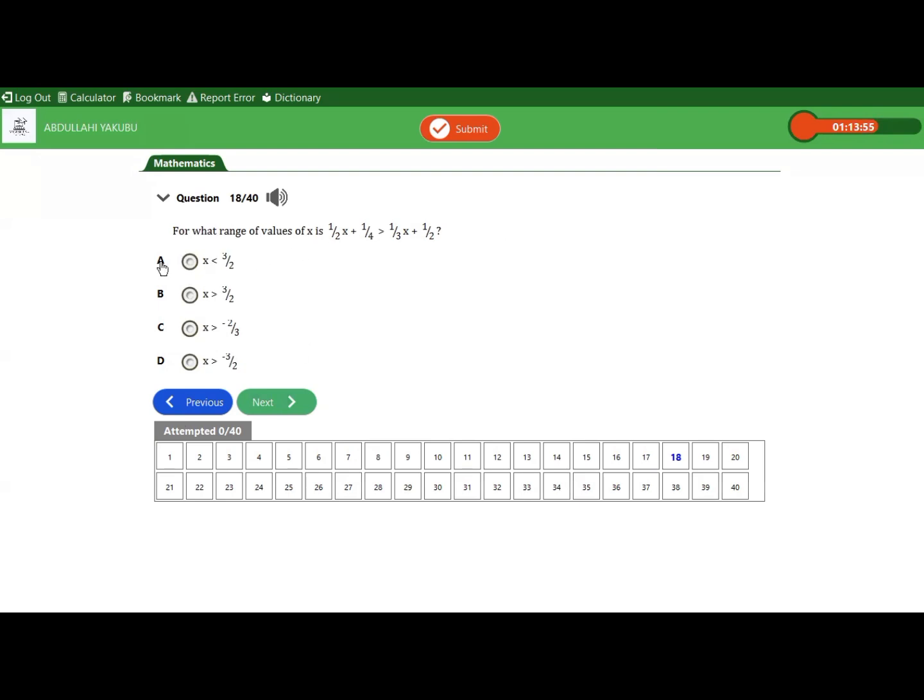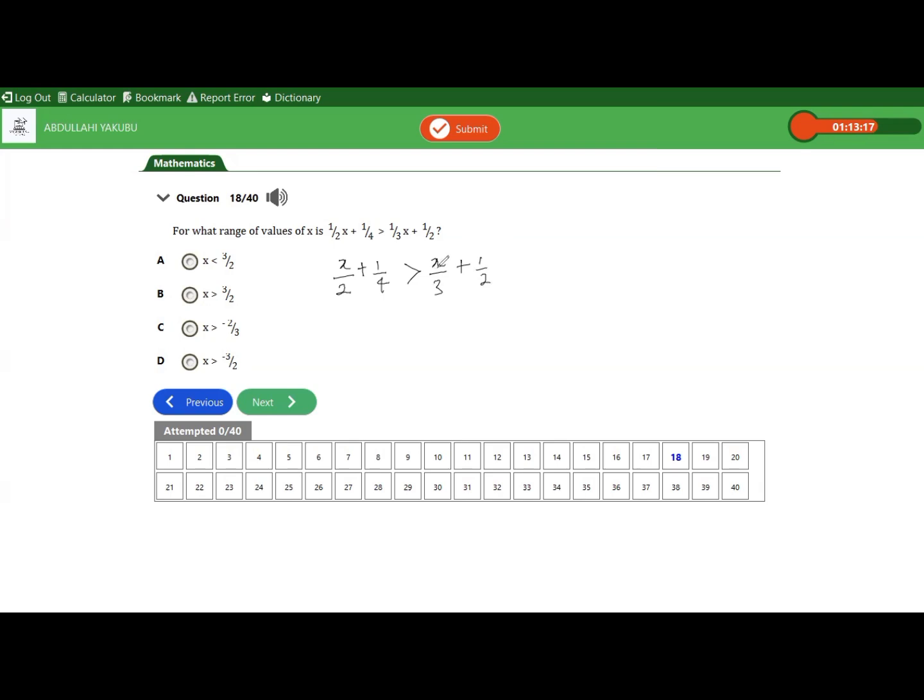So the next question says, for what range of values of x is 1 over 2x plus 1 over 4 greater than 1 over 3x plus 1 over 2? So here is 1 over 2x, which I can rewrite as x all over 2 plus 1 over 4 greater than x over 3 plus 1 all over 2.